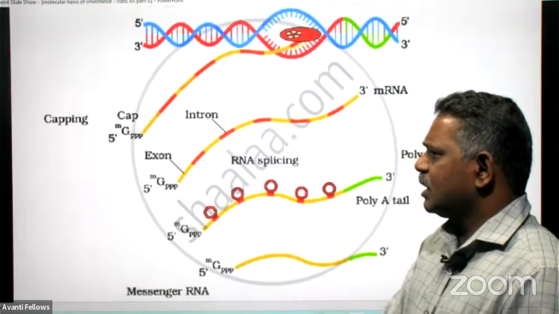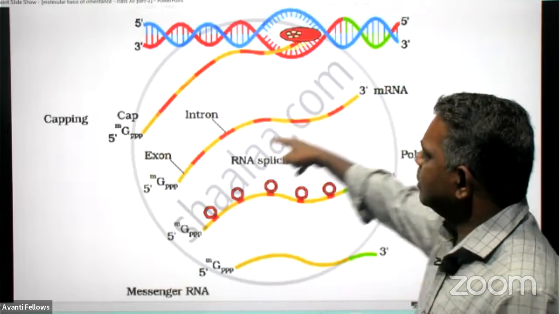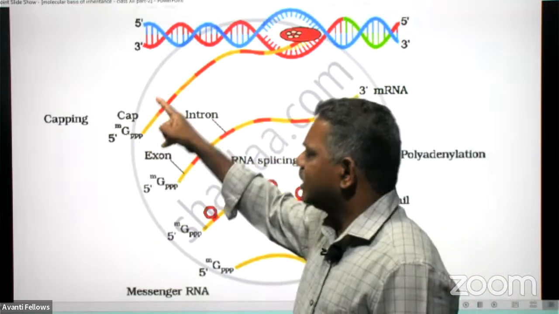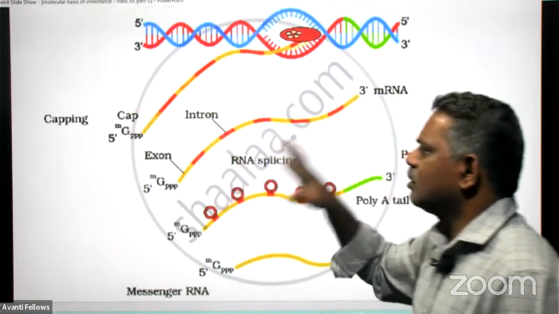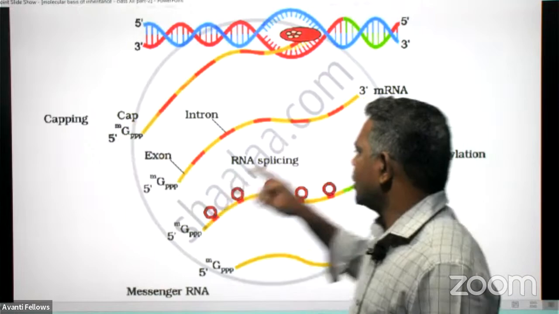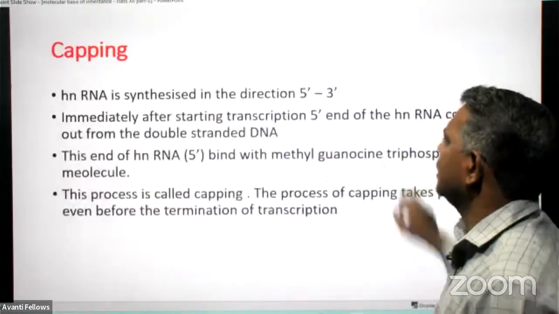It is called the cap because this is the head region, and the other end is the tail region of this newly constructed RNA. So at this 5' head region, the methylated guanosine triphosphate molecule is attached, and it is called the cap, and the process is called capping.